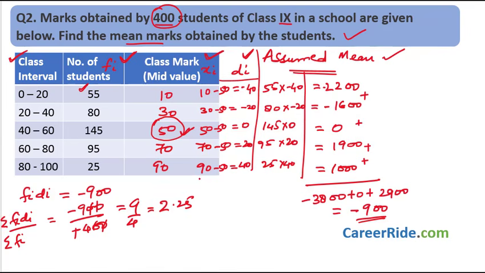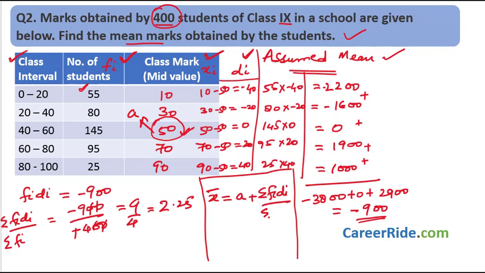But this is not my mean yet. What is my mean? Mean, x bar, is equal to my assumed mean, which I am denoting by A. This 50 is my assumed mean. So x bar is A plus sigma FIDI upon sigma FI. This is all I am doing, right?